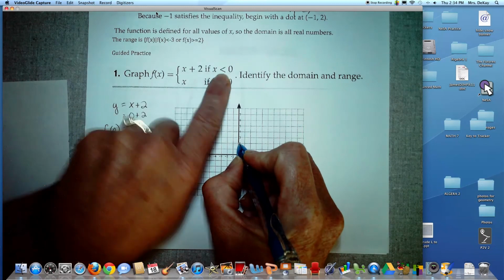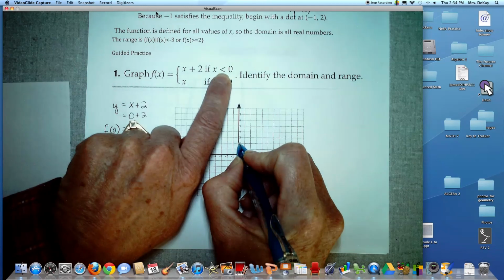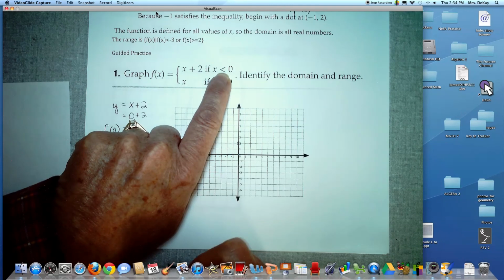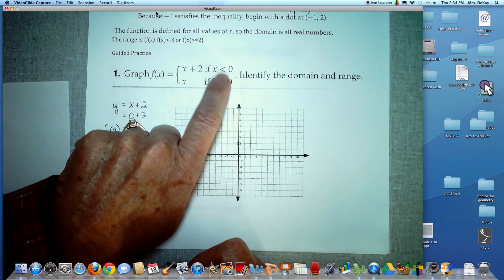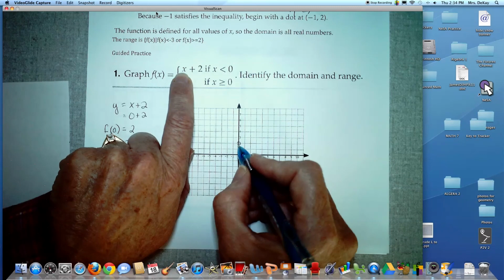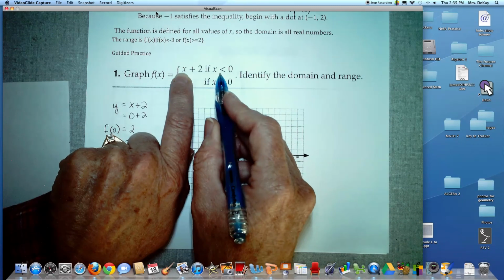And I'm going to notice that this is a less than, so that's just going to be an open circle. Okay? So where is the line? Well, the line has a slope of what? 1 over 1. So this stuff is happening less than 0, though.